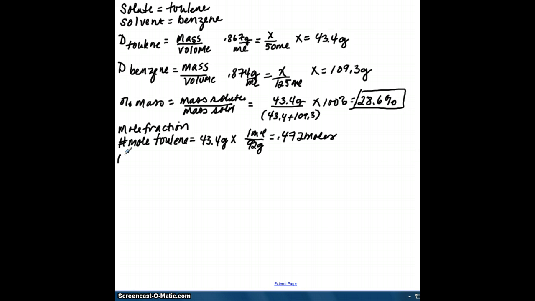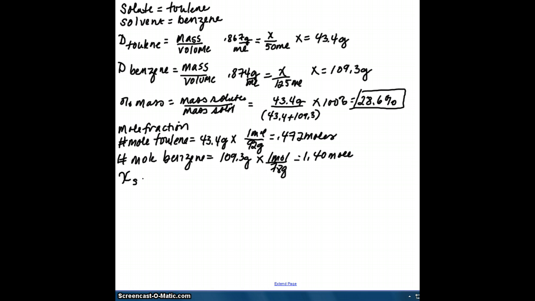For the mole fraction, the number of moles of benzene is equal to 109.3 grams divided by its molar mass, 78 grams. The number of moles of benzene is 1.40 moles.